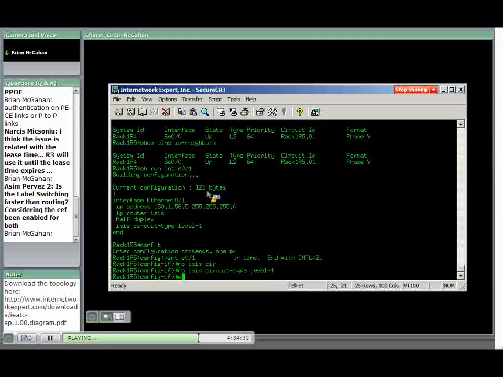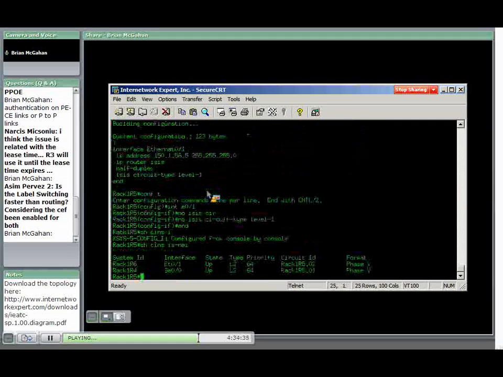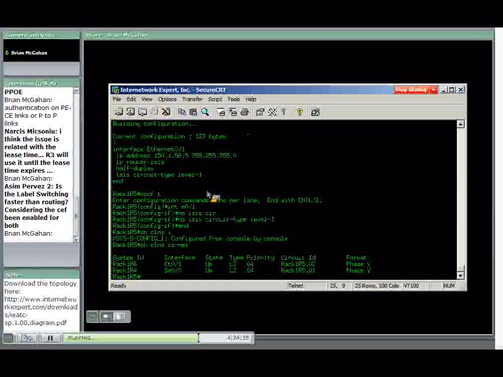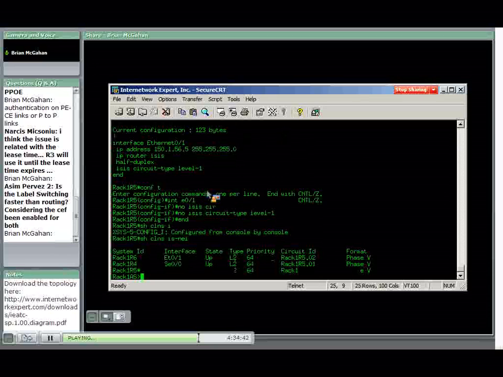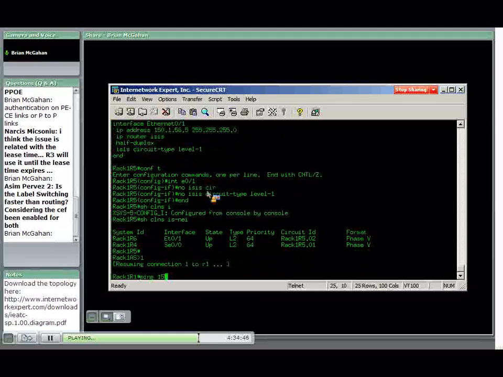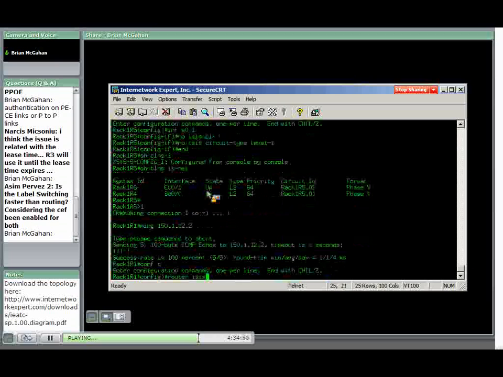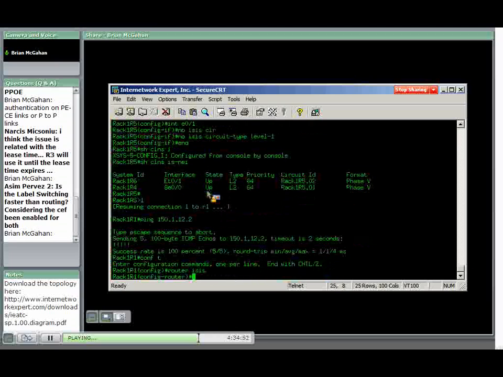Let's make sure we have connectivity first off. Okay, we have connectivity to router 4 and to router 6. Go ahead and check that again. Show CLNS IS-neighbors. Okay, so we have adjacency with router 4.